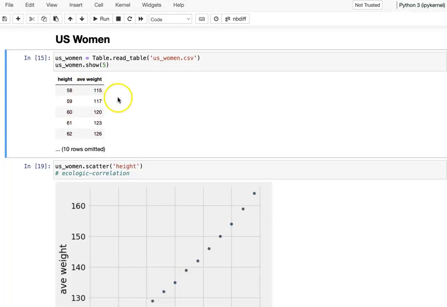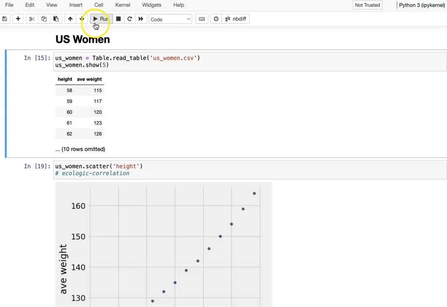So in this table, we have 2 columns: one is height, and the other is the average weight. For women who are all 58 inches, the average weight is this. Then for 60 inches, they are 120 pounds.